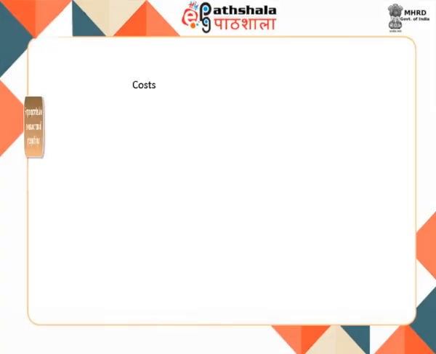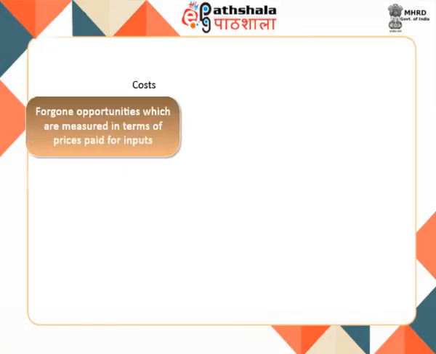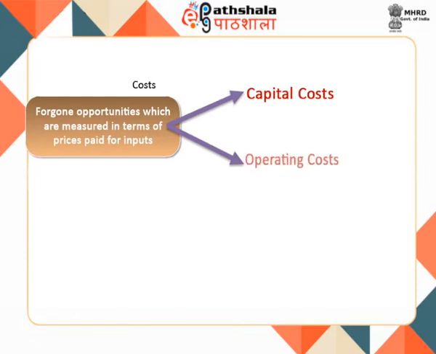Costs represent the foregone opportunities which are measured in terms of prices paid for inputs, consisting of capital costs and operating costs. This approach, as used by accountants, is known as cash flow accounting approach to measure costs and benefits of a project.